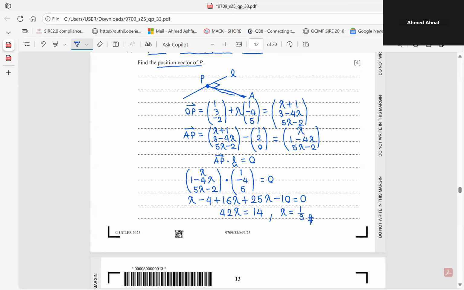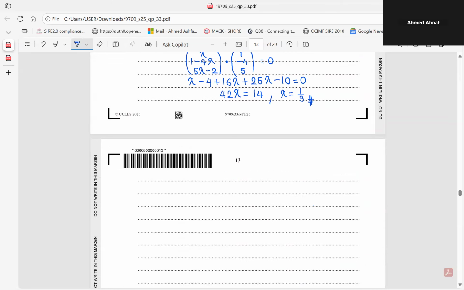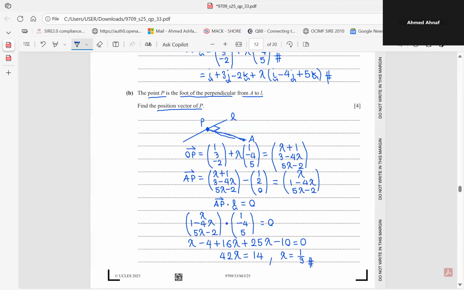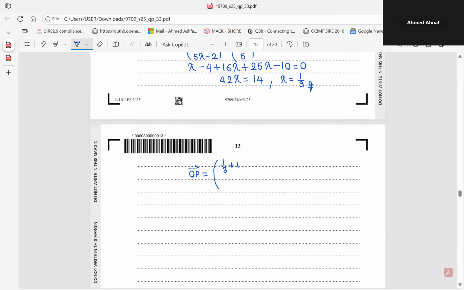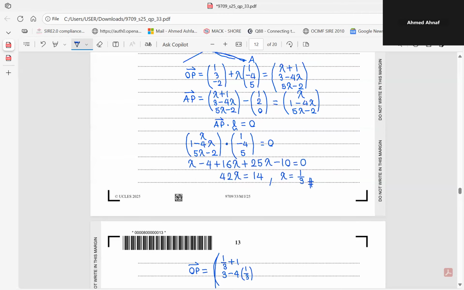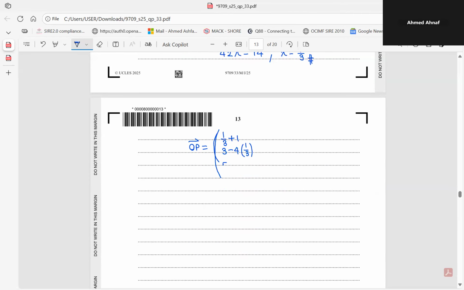Now we can substitute back into the position vector of OP. So hence, OP would just be equals to lambda plus 1, so 1/3 plus 1, 3 minus 4 lambda, so 3 minus 4 times 1/3, and 5 lambda minus 2, so 5 times 1/3 minus 2.